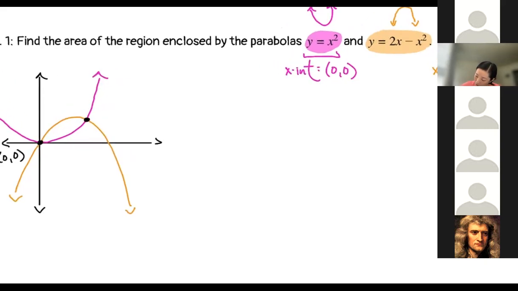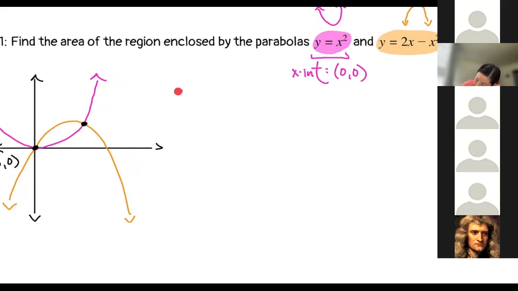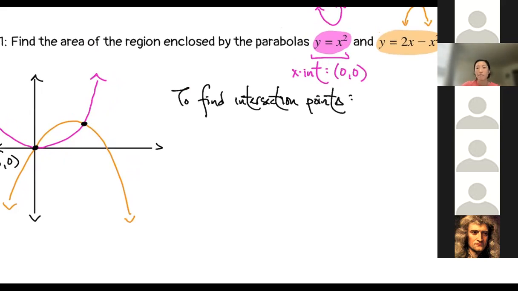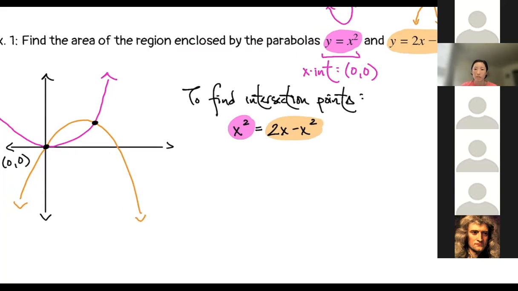And so to find intersection points, we're going to set one function equal to the other function. Namely, we're going to have the pink one equal to the orange one.